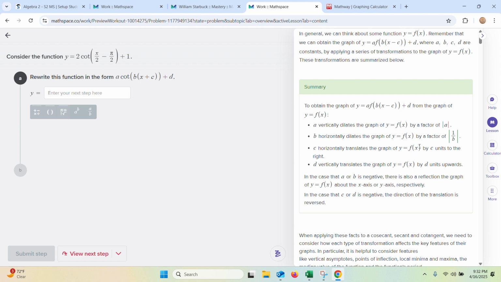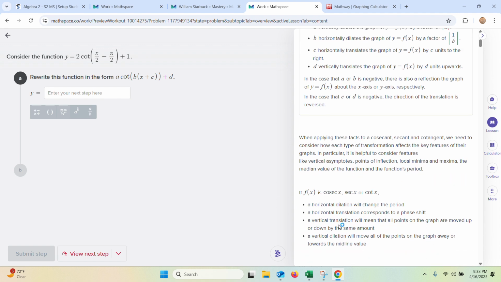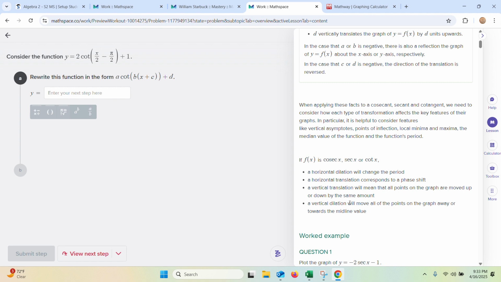C is horizontally. If there's a minus sign in the parentheses, we go right. If there's a plus sign in the parentheses, we go left. D is the thing tacked on at the end. Plus means up and minus means down. And every point goes up or down, same number of places. Okay, there's some more, basically what I said talks about this right here.